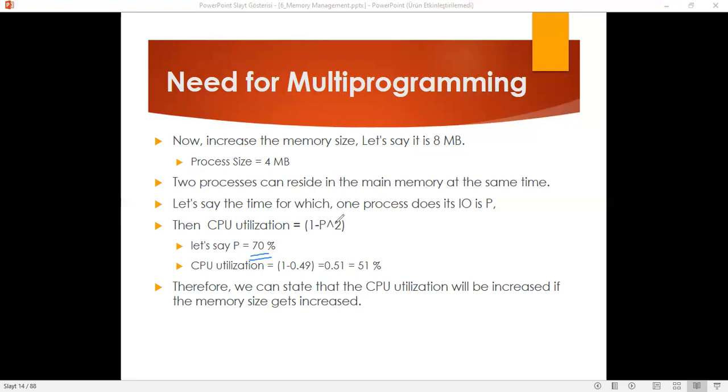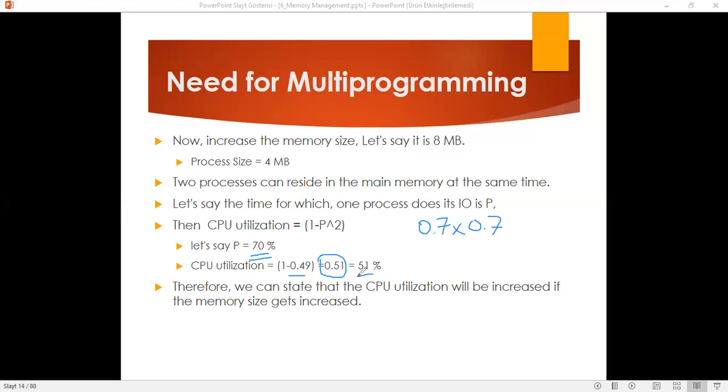So this time I have two processes. I took P to the power of 2. Normally, if utilization is 70%, I will take 0.7. So I will take the square of 0.7. It will be 0.49. Okay, so this time 1 minus 0.49 will be 0.51.